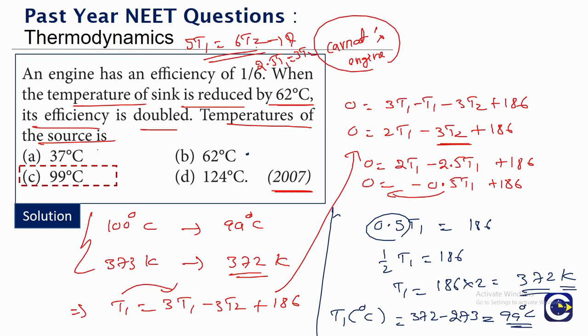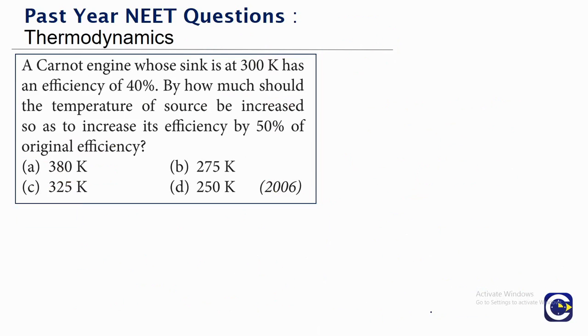In this case, we are asked to find the source temperature. Here we can even find the original sink temperature also, but that is not asked in this question. In some other question they can ask both. They can even ask us the original sink temperature. Here they only ask the source temperature, so we got the value. It is 99 degrees Celsius.